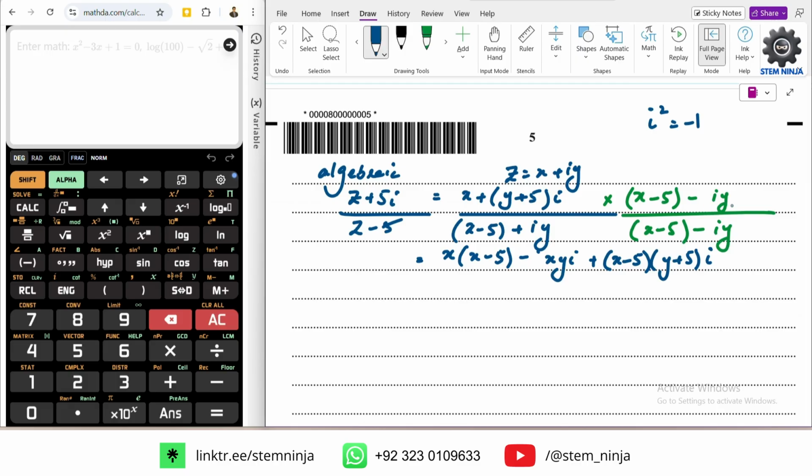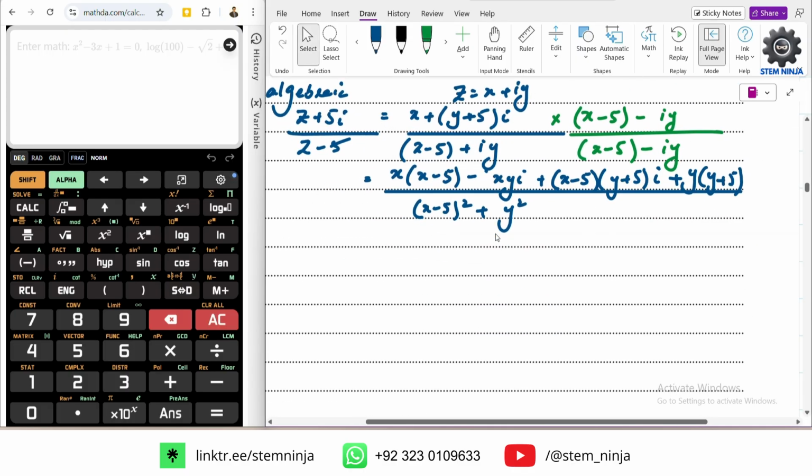So this times this would actually be positive y times y plus 5, divided by x minus 5 squared. Normally it would have been minus i squared y squared. This would become plus because of the same thing.